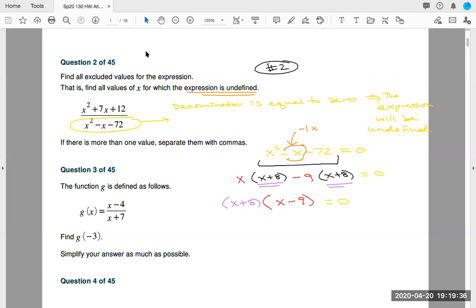So what I'm going to introduce now is what's called zero product property.